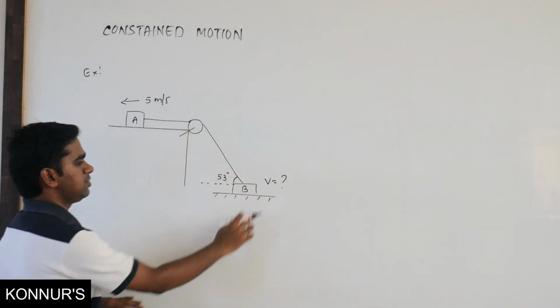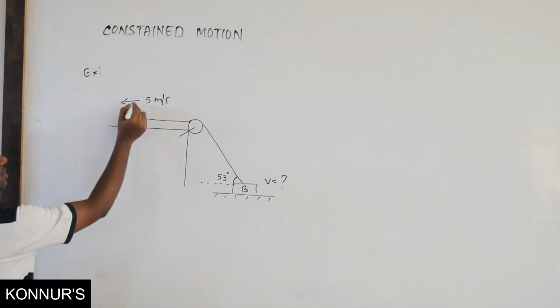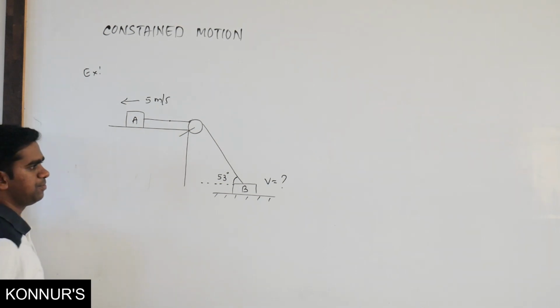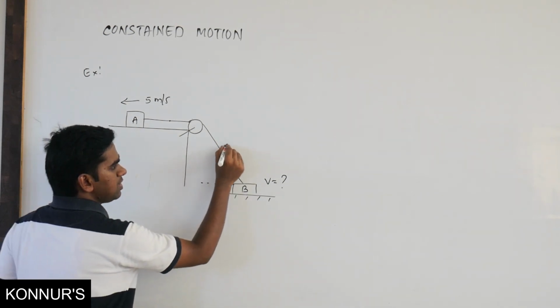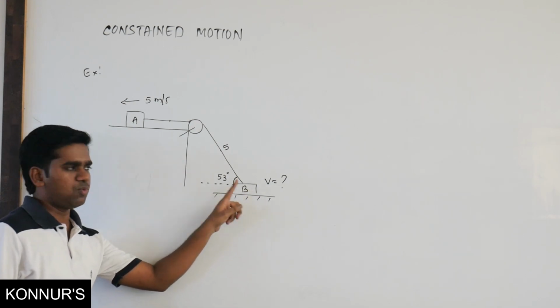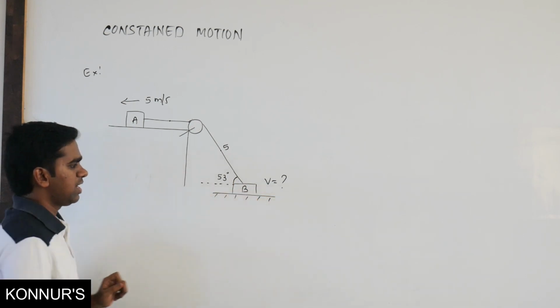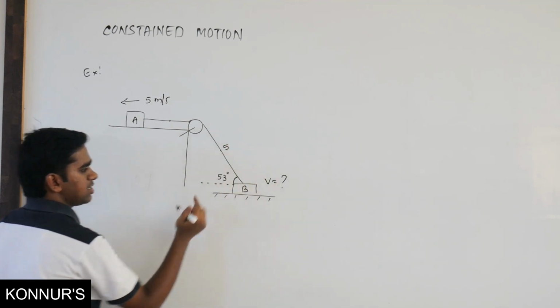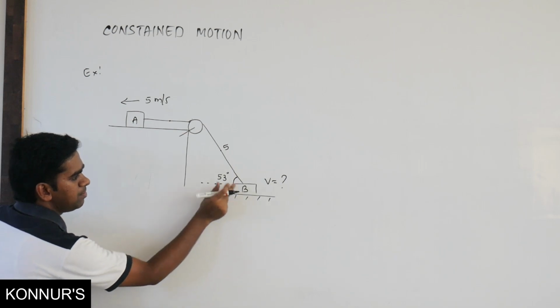So how can we find this velocity V? Now this is moving with velocity 5, which means the point here is also moving with velocity 5. Here also it is moving with velocity 5 only. But in this direction its velocity is different and we want that Vb. So can I write the component of the velocity of B in this direction?